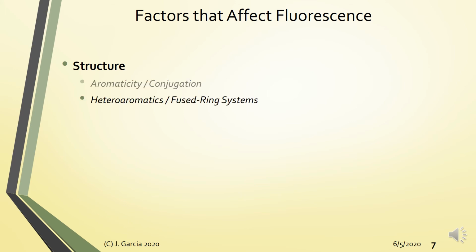Another is heteroaromatics versus fused ring systems. So for example, you have here pyrrole. Let's draw the pyrrole. Sorry. Alright, so you have here pyrrole. Now, pyrrole being heteroaromatic in nature does not fluoresce, no? Does not undergo fluorescence.